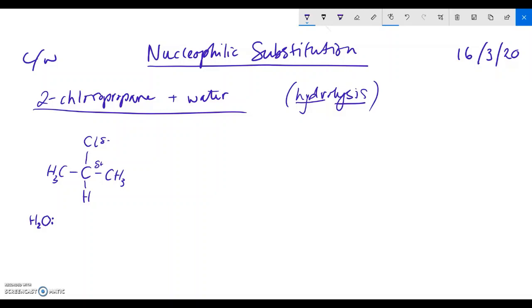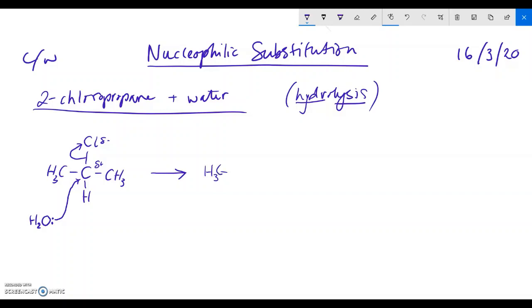And just as for the hydroxide, we undergo a nucleophilic attack. The lone pair moves towards the delta positive carbon, and then we have the breaking of the carbon-chlorine bond here, shown by electrons leaving from the bond and going onto the delta minus chlorine. Again, one step, and this is going to get us to this format here.